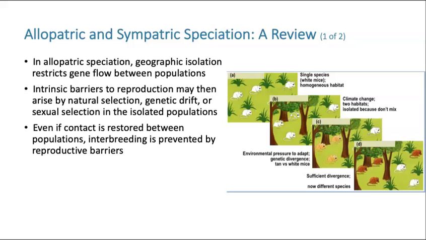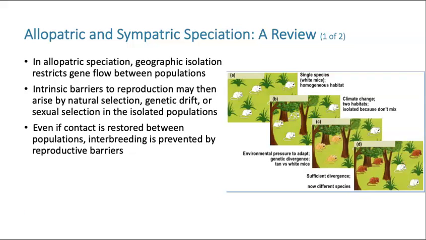There also have to be intrinsic barriers to reproduction that arise either by natural selection or genetic drift or maybe sexual selection in the isolated populations, such that even if contact is restored, there is no interbreeding between those populations, because the reproductive barriers are now in place and they've evolved to be different enough that they won't mate with each other anymore.